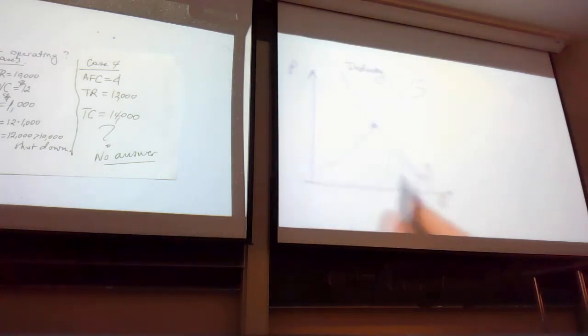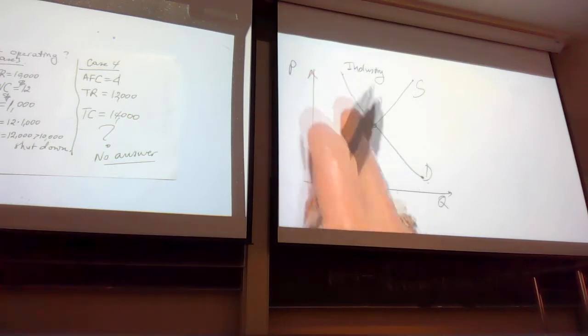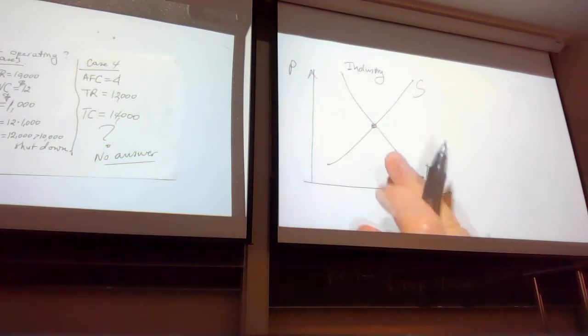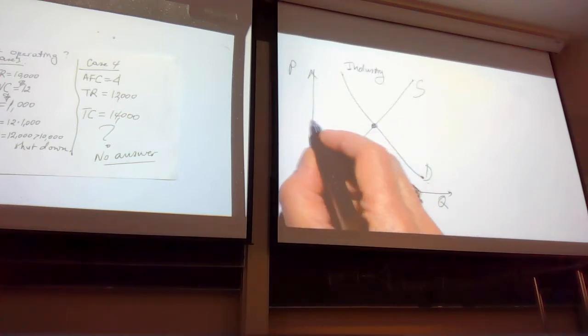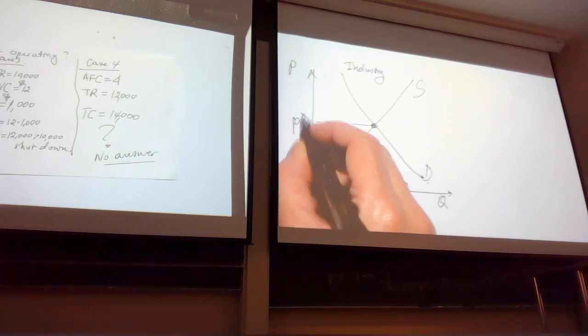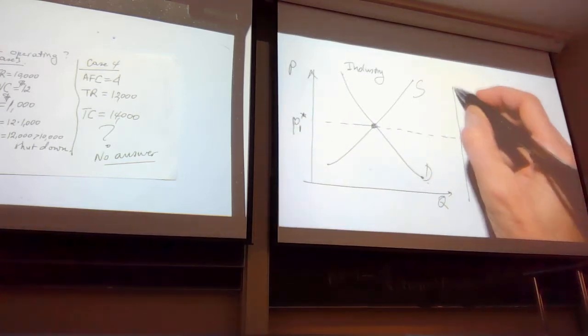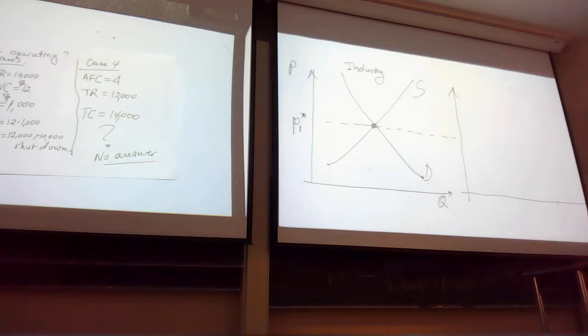Downward sloping demand for the industry's demand. Yes, downward sloping for the industry as a whole, the market as a whole. And together with the supply, they determine this price, P star, or maybe P1 star. And this price becomes a very important price because that's the price that corn producers can sell a bushel of corn.